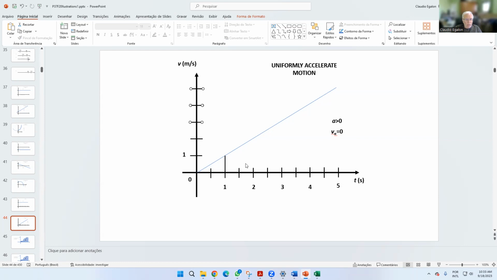One, two, three, four, 5. Let's make sure we have the proper slope. 2, 3, 4, and 5.